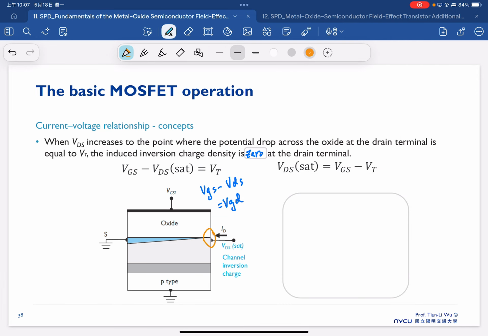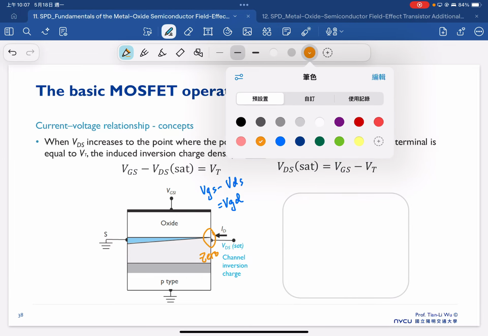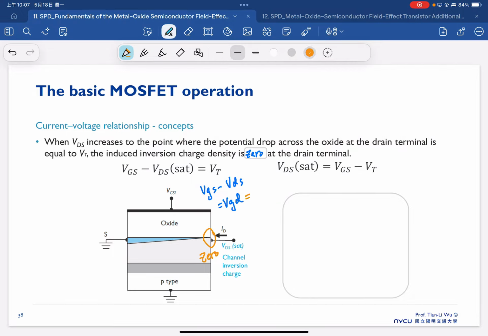This will happen when our VGD at the drain terminal is exactly equal to the threshold voltage, because we only have inversion charge once VG is larger than VT.